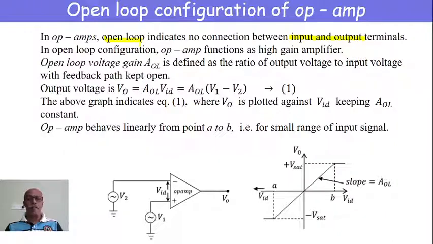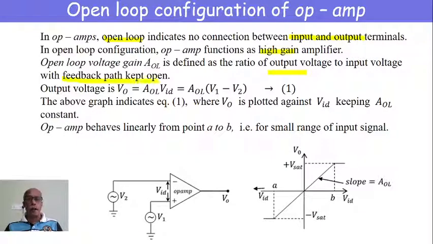In open loop configuration, the op-amp will have a very high gain. The open loop voltage gain is defined as the ratio of output voltage to the input voltage without any feedback.